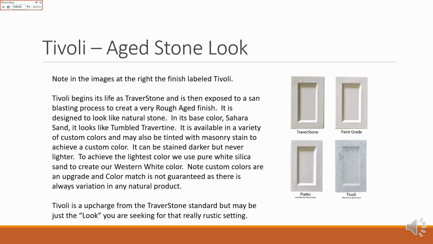The sandblasting process may remove a little bit of the Sahara sand color, and in all cases, we don't guarantee color anyway. There can be natural variation between each batch of sand and gravel and gypsum. So there's no way to assure that we have a perfect color match, even to one of our color chips.